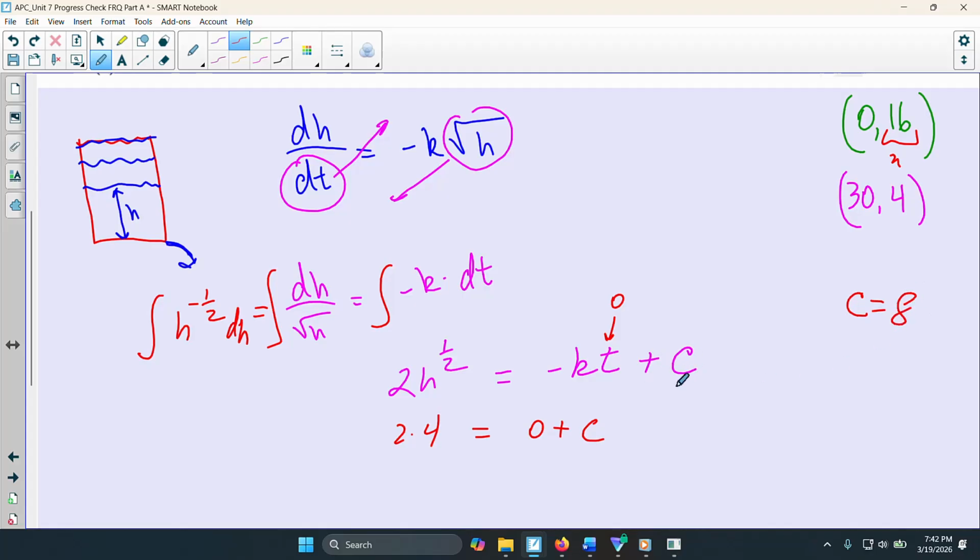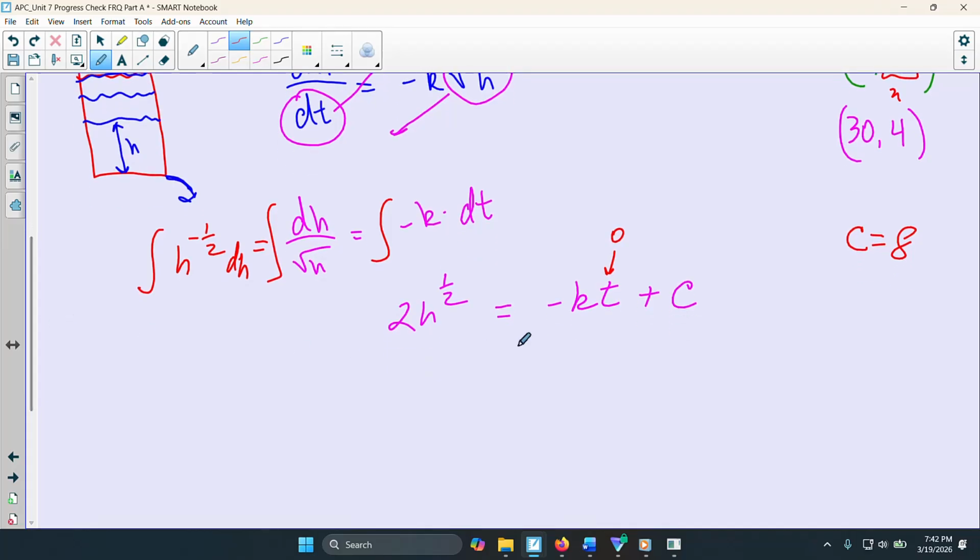Okay, so I'm going to erase this part. That was just arithmetic. So my function right now, I don't know the value of k, I'll solve for that in a second. But right now this is 2 times square root of h.